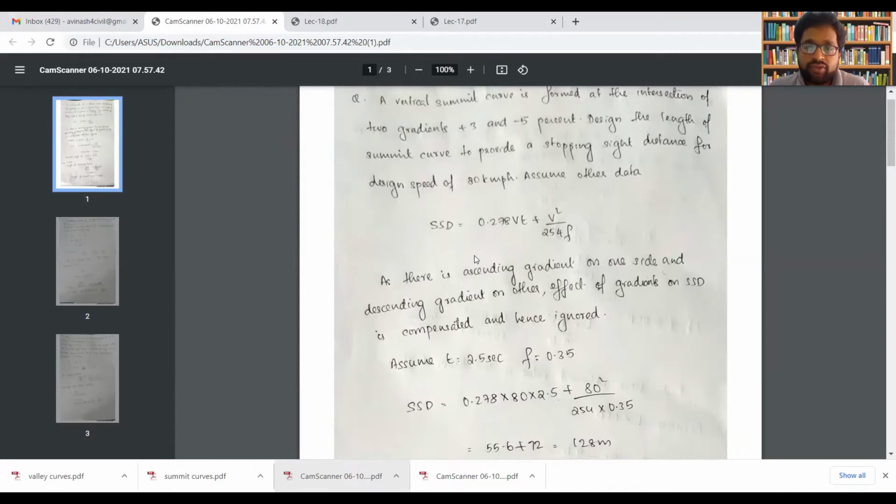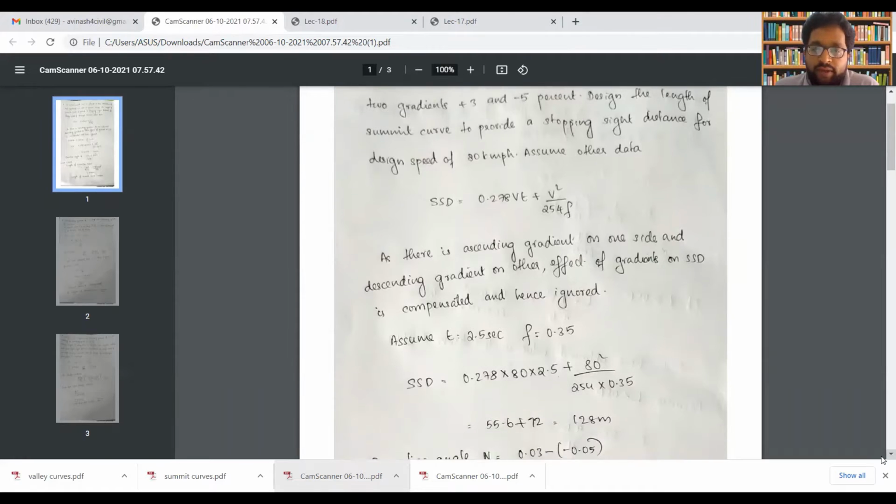So stopping sight distance is equal to 0.278 into design speed into reaction time, 2.5 seconds, plus V square by 254 F, where V is the design speed and F is the coefficient of friction. The coefficient of friction is also not given here, so you have to assume it suitably, that is 0.35.